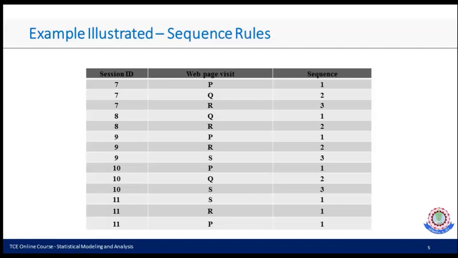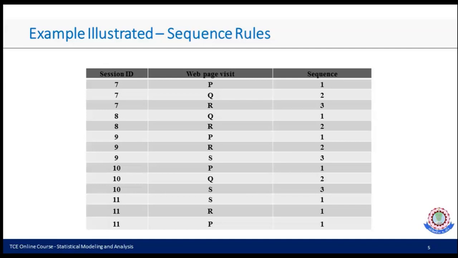Consider the first session ID 7, the page visits are P, Q and R, followed by a sequence. Similarly, all these sessions have been visited by a specified user with a predetermined sequence.